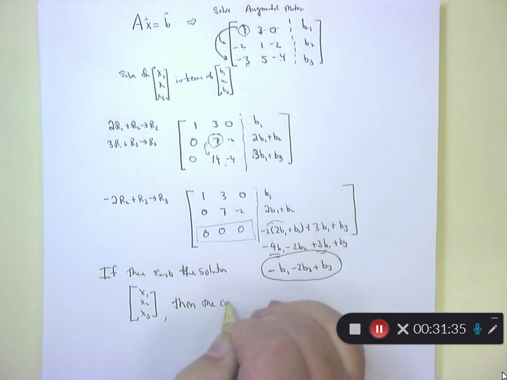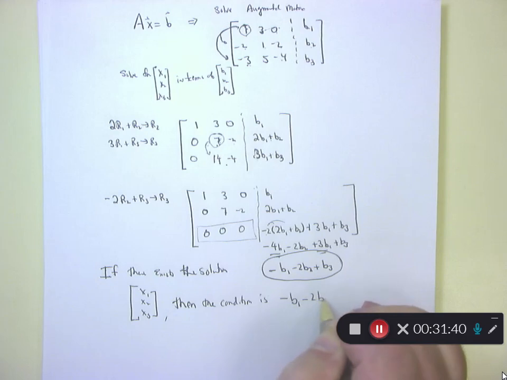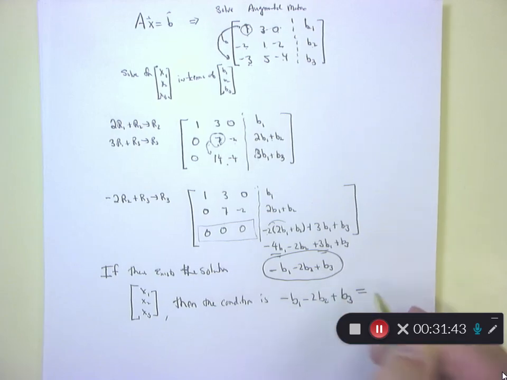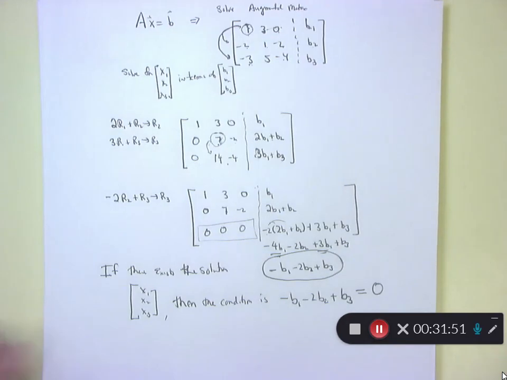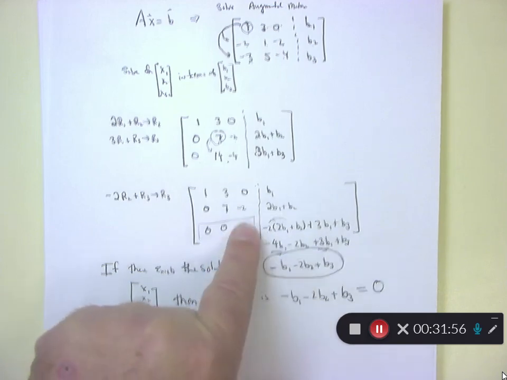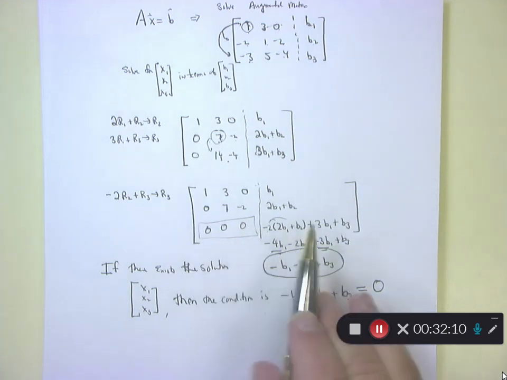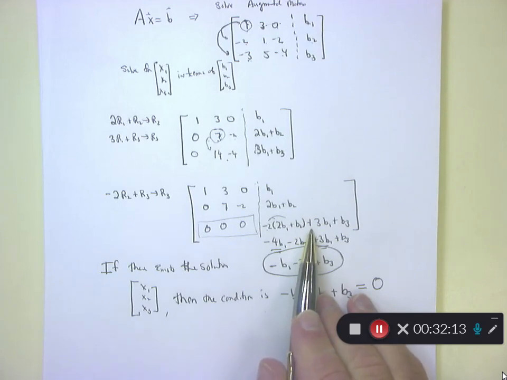Then this negative B1 minus 2B2 plus B3 has to be equal to what, if it's going to have a solution? 0. Why? Because if this guy is not 0, how does 0x1 plus 0x2 plus 0x3 equal a number that's not 0? It can't. It's inconsistent. So the only way you can get consistent is if your augmented matrix has a row of zeros, the term on the right has to be a 0. Does that make sense?